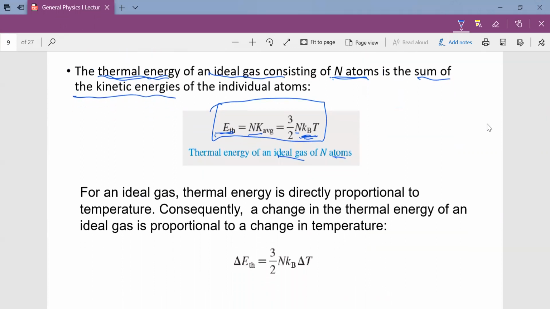If there's a change in temperature of such a system, we have already established that a change in temperature has a direct proportional relationship with the thermal energy, which is the average kinetic energy. So a change in thermal energy will bring about a change in temperature of that system.